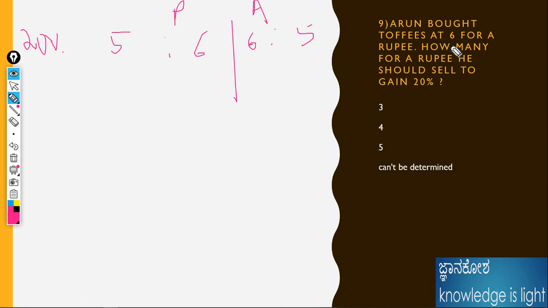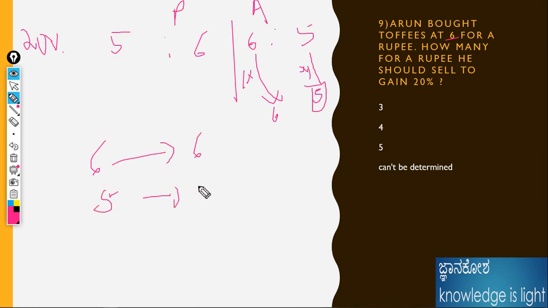How many toffees did he buy? 6 toffees. So 5 toffees for 1 rupee, that means the 6 toffees cost 5 by 6. Like that I solved it here.